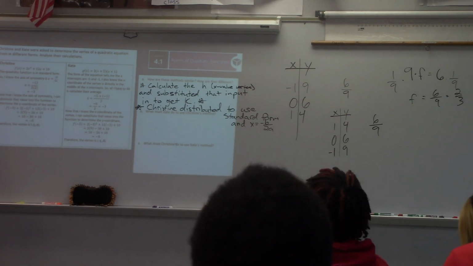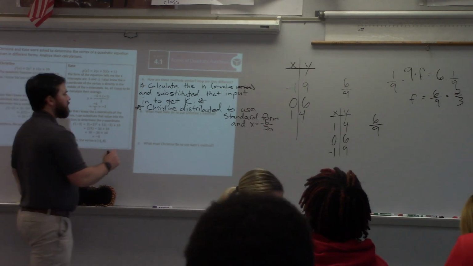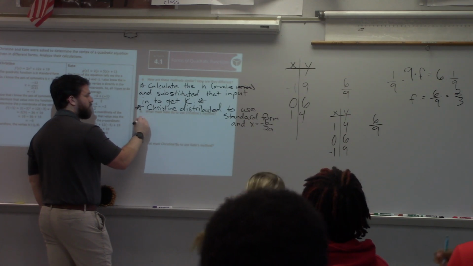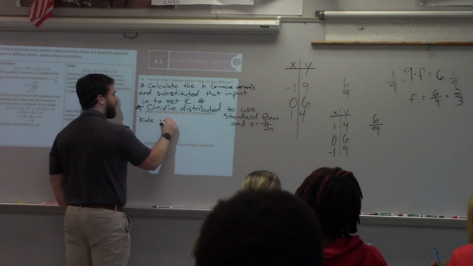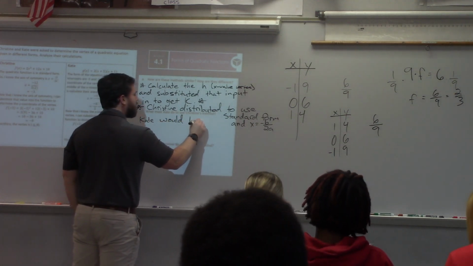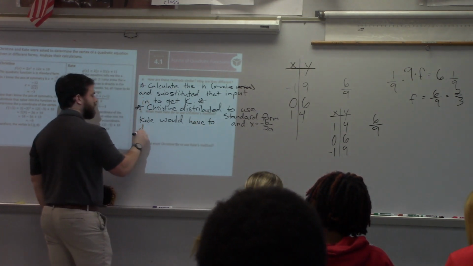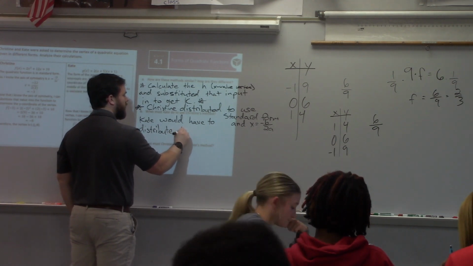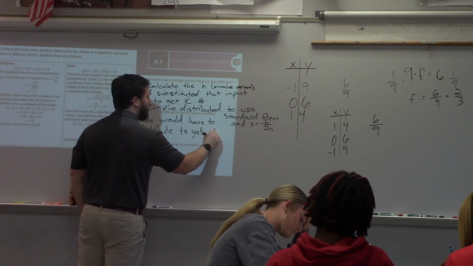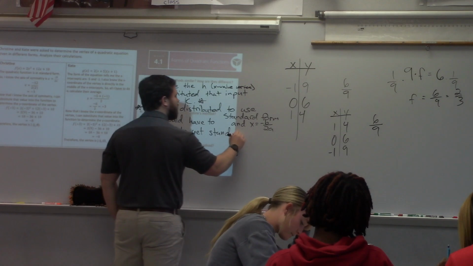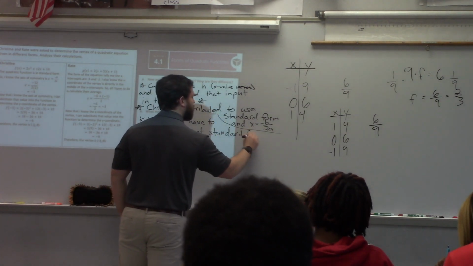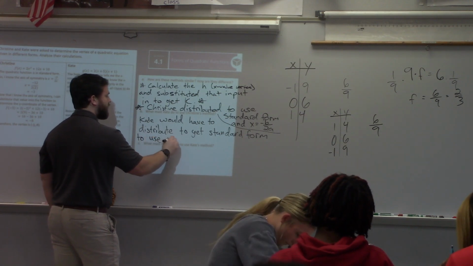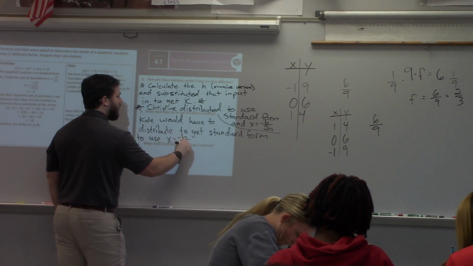She would have to distribute to get what form? Standard form. So Kate would have to distribute to get standard form to use x equals negative b, or the opposite of b, divided by 2a.